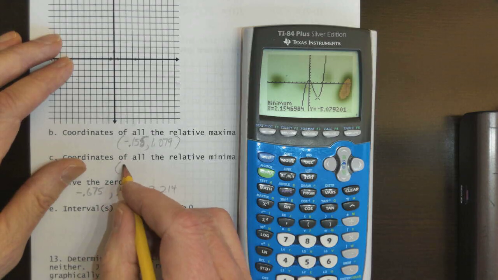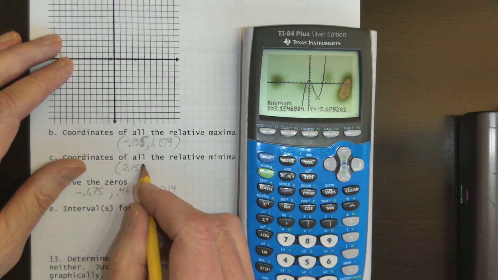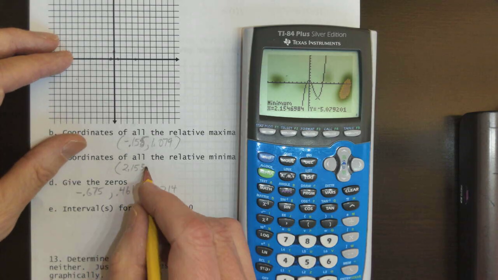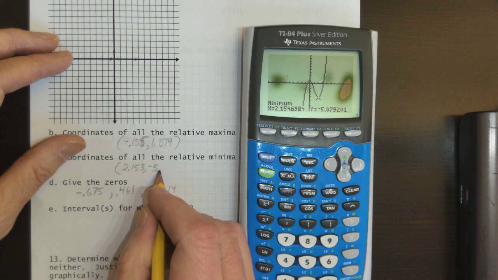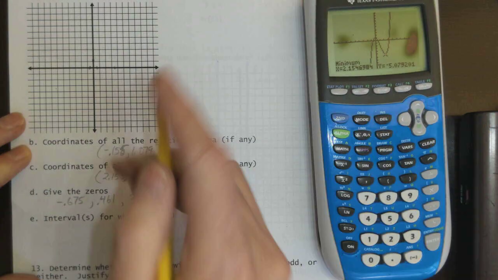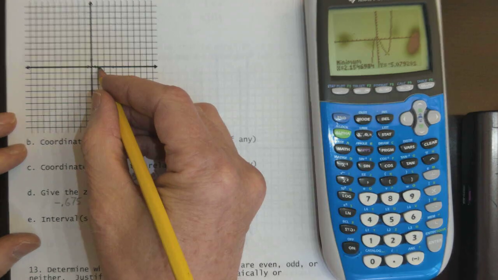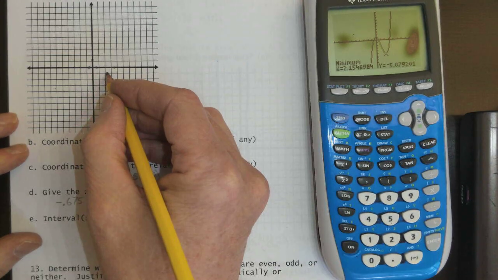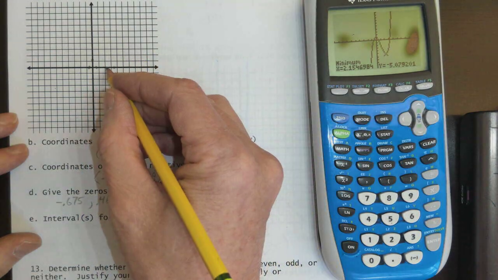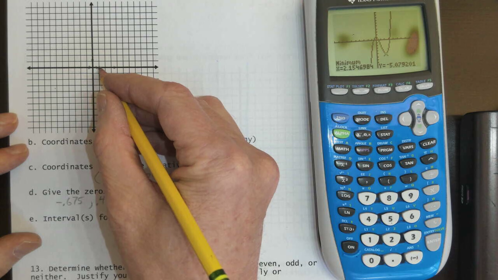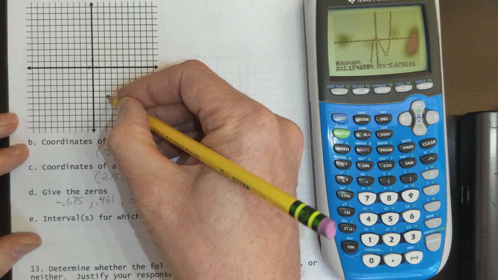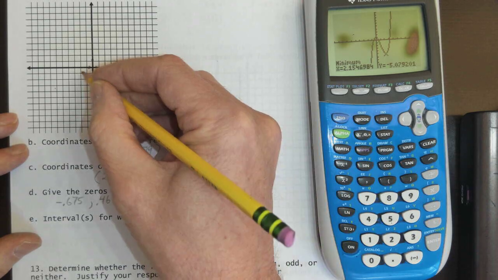That is 2.155 and negative 5.079. That's negative 5.079, just a little bit below that.